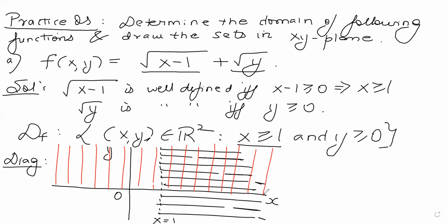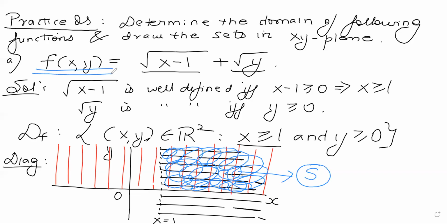So what is the intersection, guys? Where you have both the black and the red line. So my intersection is given by this area. That means I can say this is my region S over which the function f of xy is well defined. So I can call this the set S. Set S is nothing but the set of pairs x comma y such that x is greater than or equal to 1 and y is greater than or equal to 0.